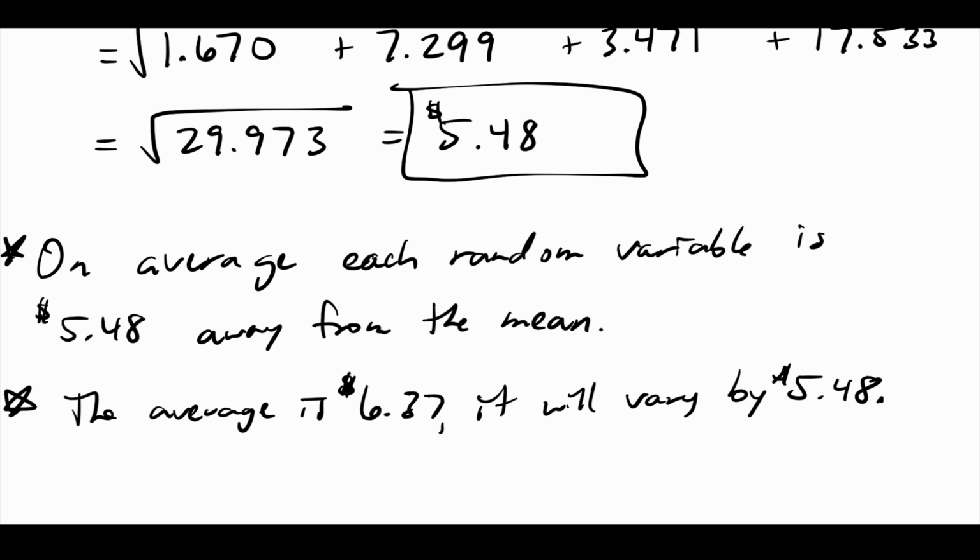Either one of them is okay. On average, each random variable is about $5.48 away from the mean. The average is $6.37. That number will vary by about $5.48 plus or minus. Right? It's a spread.